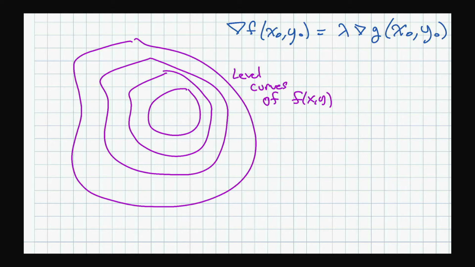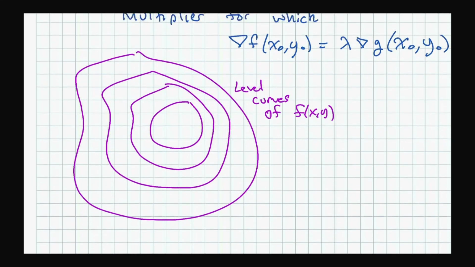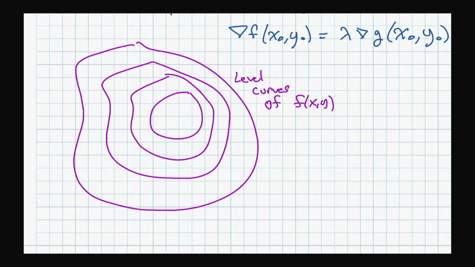The constraint could be any kind of curve. I'm going to draw it like a straight line again, just because that's the easiest. So let's say that is g of x, y equals 0, that curve. And there's a point right here that's going to be your x0, y0. And that's the point that we're looking for.